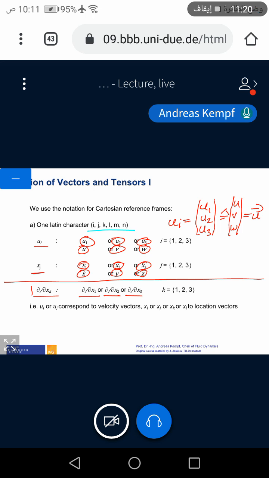So this expression here is already a vector by itself. And to summarize things, here in our example, ui or uj, they are velocity vectors. And they are the same velocity vectors, but we still can use different indices to refer to the same vector for reasons that you will see later on. xi, xj, or xk are the components of the vector x.